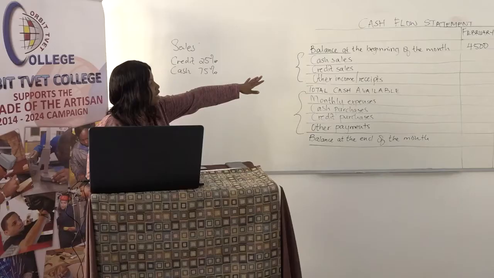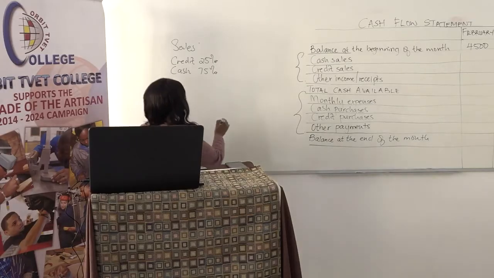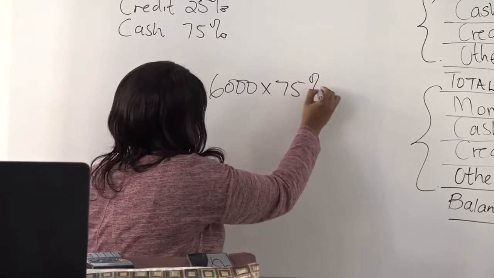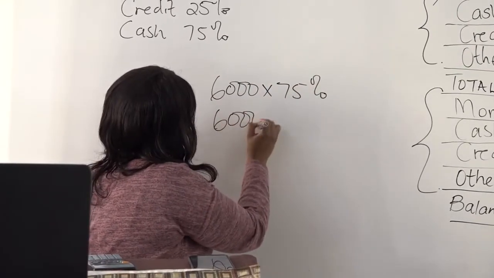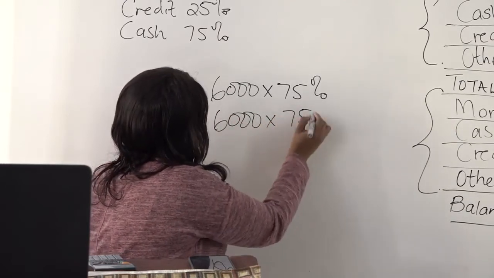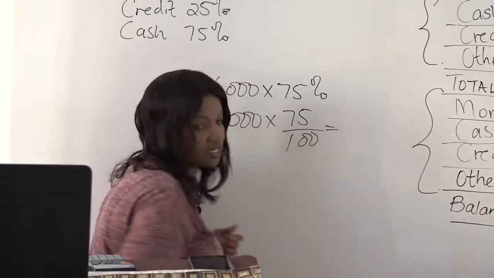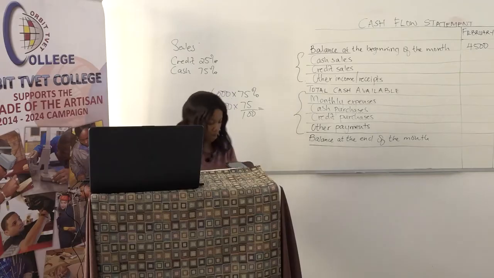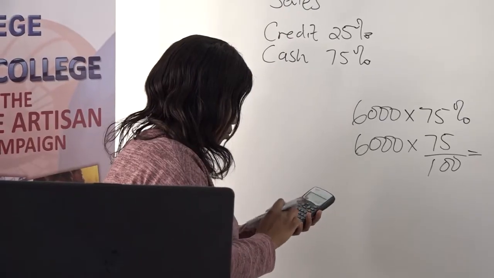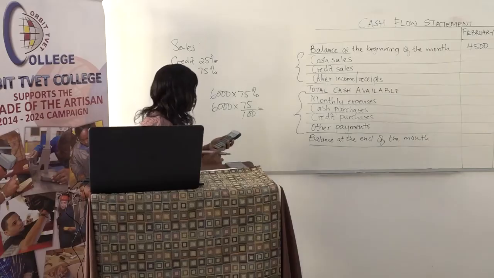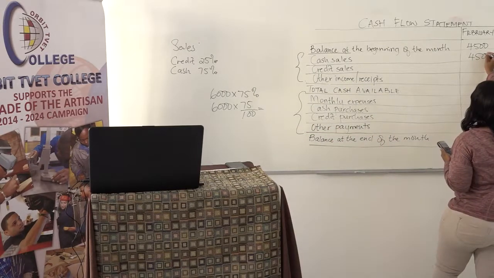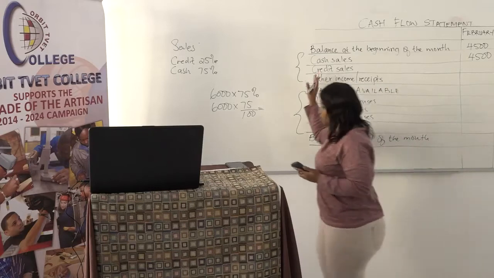How do we calculate the cash sales? We go back, we say 6,000 rands multiplied by 75%, or if your calculator does not have the percentage sign, 6,000 multiplied by 75 divided by 100. Then you will get your amount, which is 4,500 rands. We are done with the cash sales.